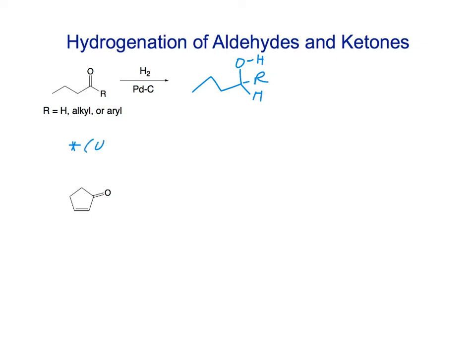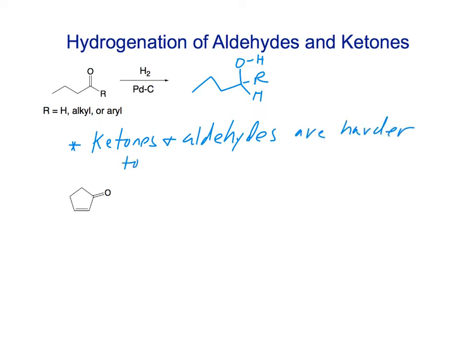We should be more specific here: ketones and aldehydes are harder to hydrogenate than are alkenes. All right, so that gives us some selectivity.